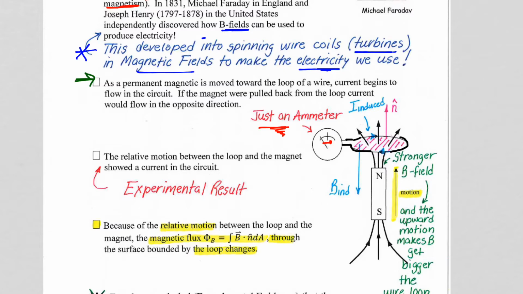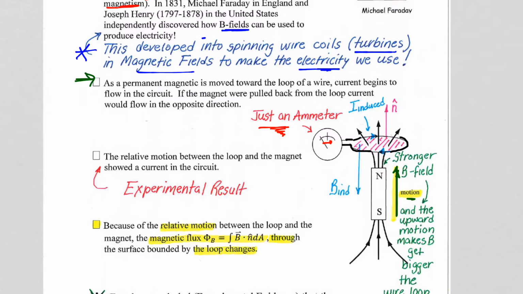What Faraday saw was that if you moved the magnet, the example I have here is that we're taking a permanent magnet and taking the north pole of the magnet and just moving it upwards towards the coil, so the motion is upwards. The area of the coil, this pink area and that pink n-hat vector, which we'll get back to later in this chapter, is seeing stronger B field values through that cross-sectional area.